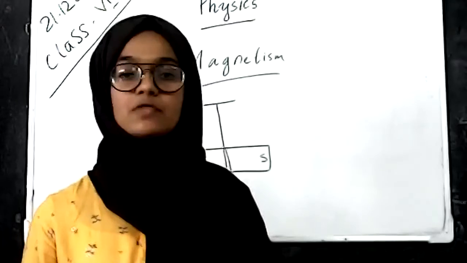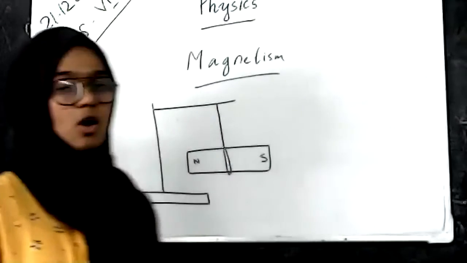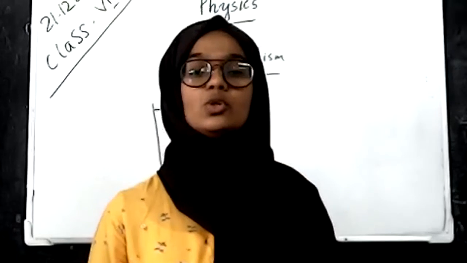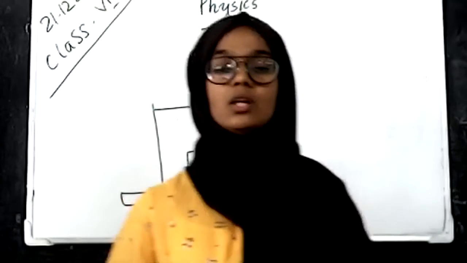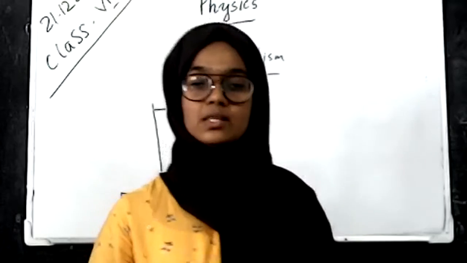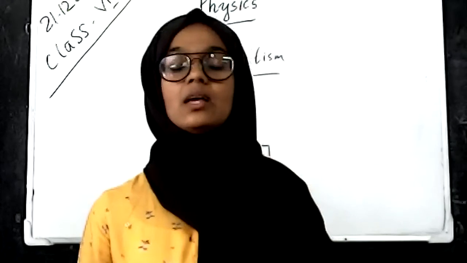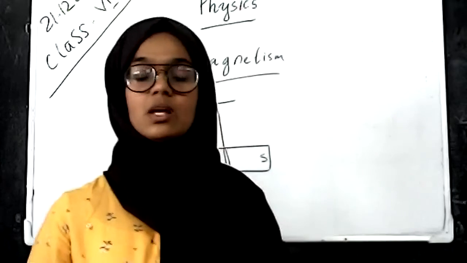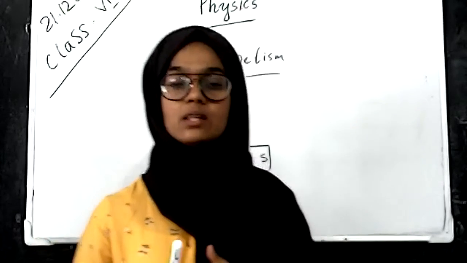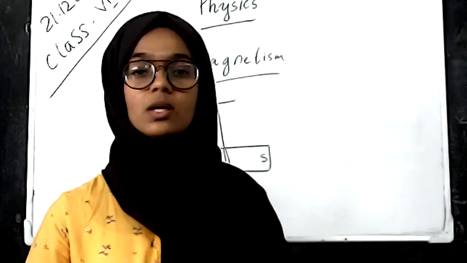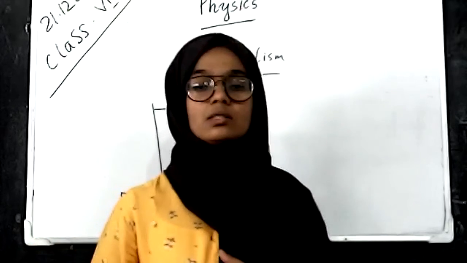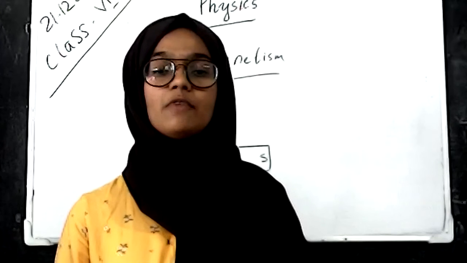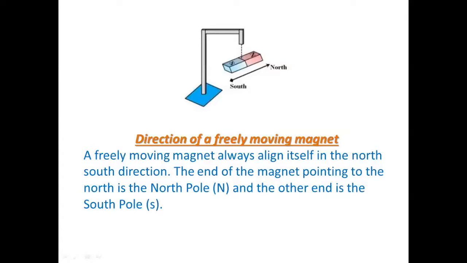Next we discuss the magnetic compass. A magnetic compass is a device used to identify the direction of places. This freely hanging magnet phenomenon is used in the magnetic compass. The magnetic needle always points in the north-south direction. In the slide we can see the image of the magnetic needle of a magnetic compass.